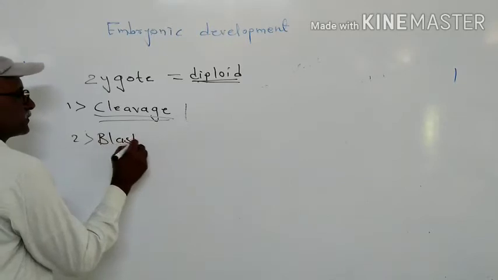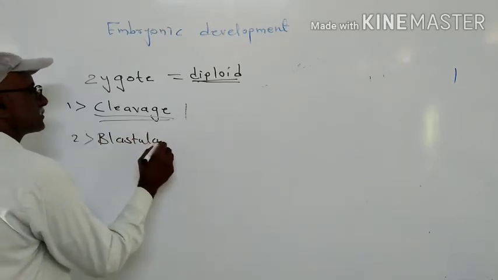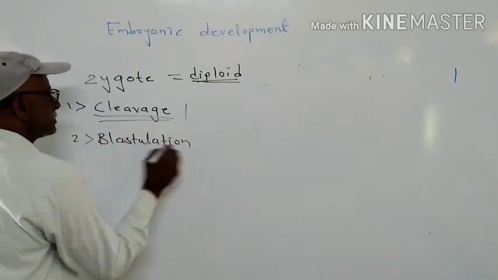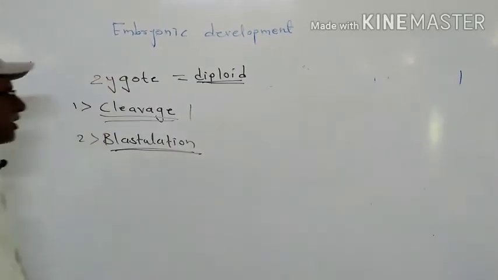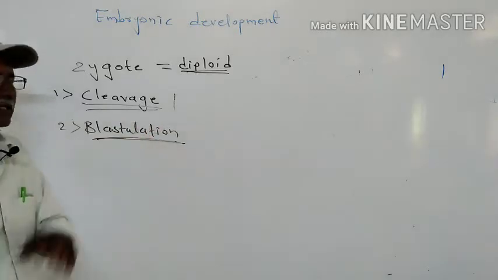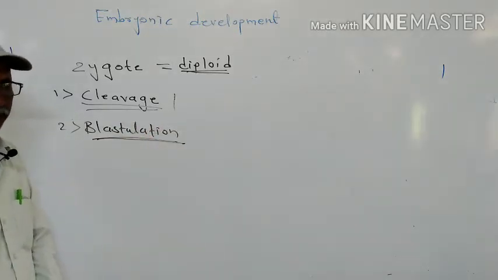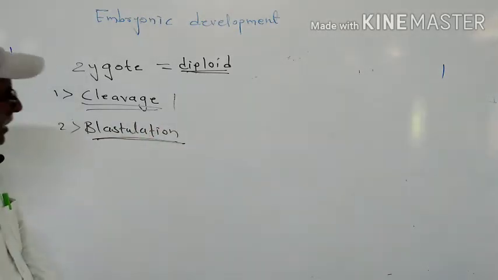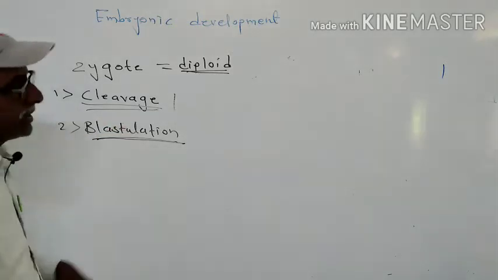When there is a formation of blastocyst from the morula, that is called what? Blastulation. What happens?